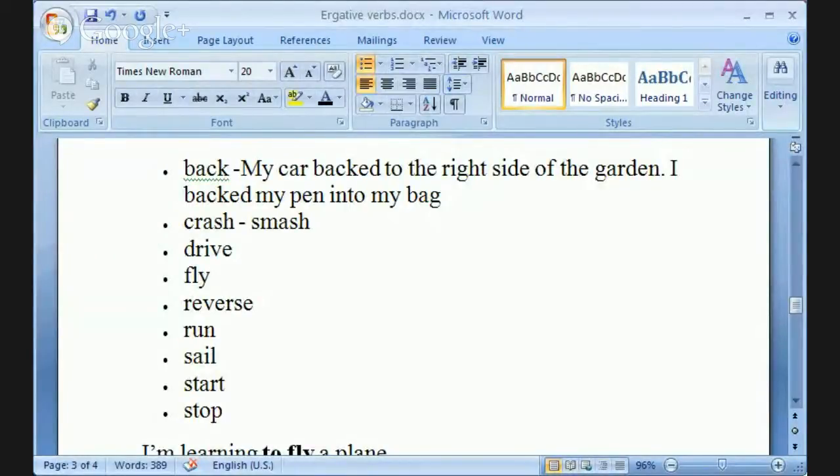Smash is to hit something with something else. Crash is two objects running into each other. The car crashed into the tree. The football players crashed into each other in the penalty box.